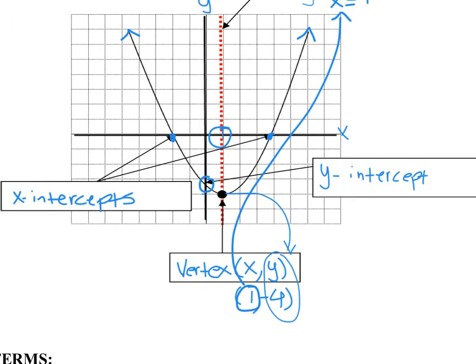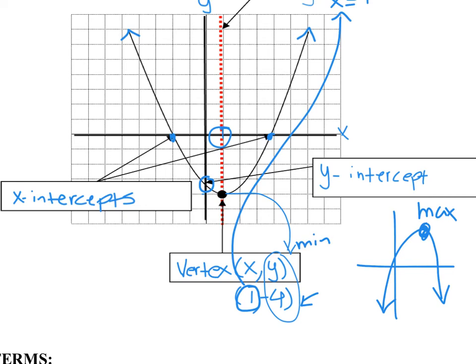This vertex is the lowest point. The lowest point is at -4 for y. But if I had a graph that was open down and was a parabola, this vertex would have a max. So right now I'm dealing with a minimum in this example, but I could have a max. And it's ultimately the y value of the vertex.